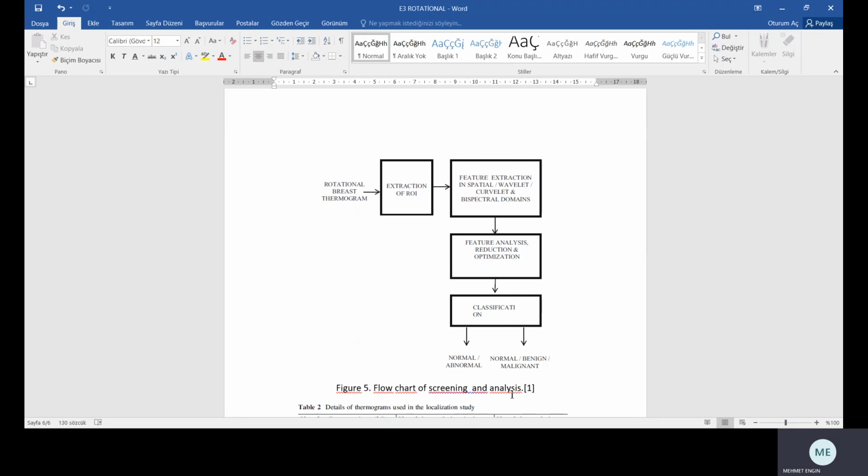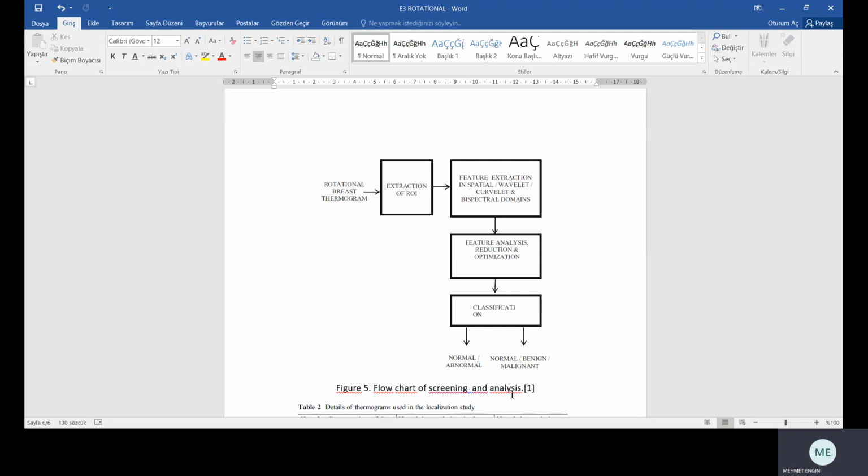Finally, as curvelet-based texture features were found to perform best for classification purposes, these were extracted from the region of interest. These features, namely curvelet wavelet-based feature vectors, are given as test inputs to the support vector machine classifier in order to detect abnormal views.